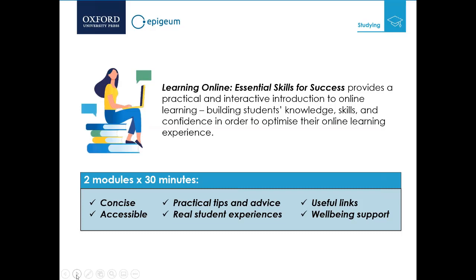It's 2 modules of 30 minutes, so it's very concise. We've made it very accessible, both in terms of the design and content and the language level. It contains lots of practical tips and advice, real student experiences, and plenty of links and signposting and wellbeing support. So the course is relevant to anyone new to online learning, as well as those wanting to build confidence in their online study skills.